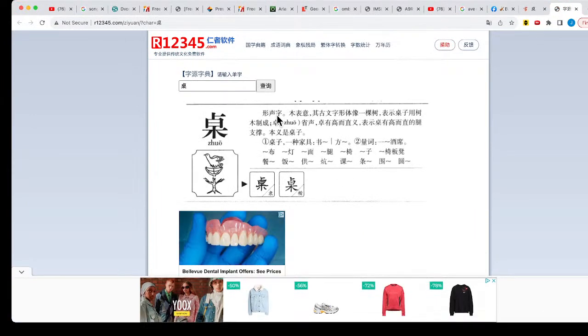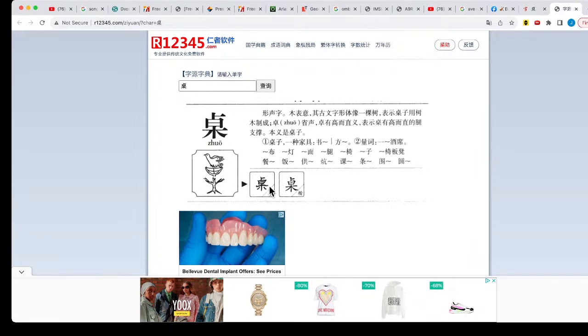Now, the 桌 in the ancient days, the 桌子 must have been made out of wood, made out of trees, so that's why it has a piece of wood down below.